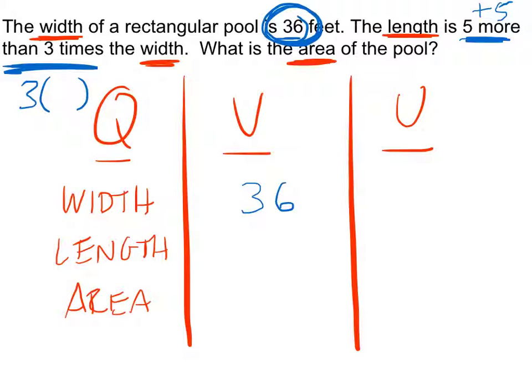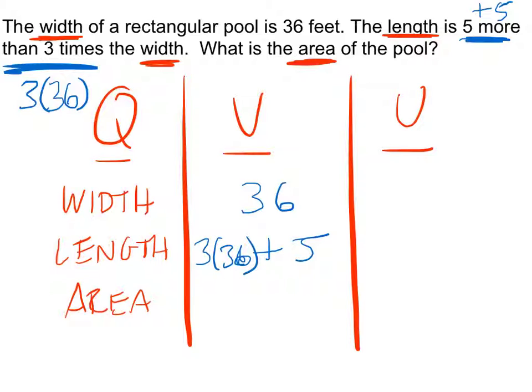So I can plug that 36 in right there, because I'm going to multiply 3 times my width, or 3 times 36. So my length is going to be 3 times 36, plus 5. And there is my length.